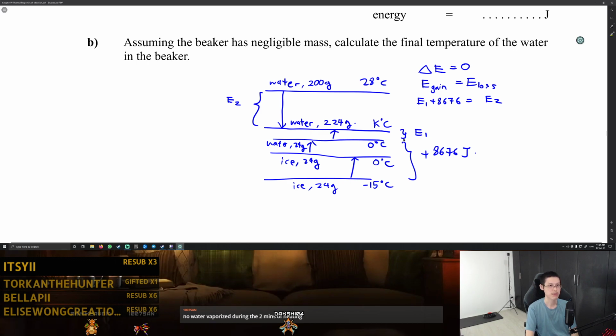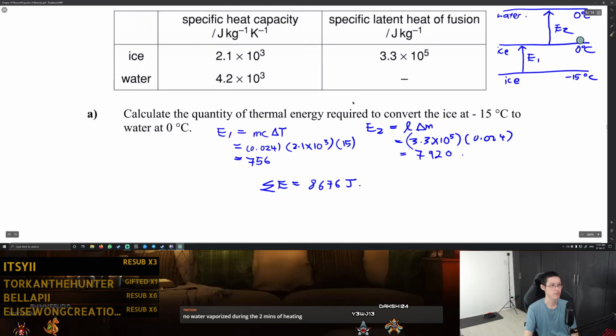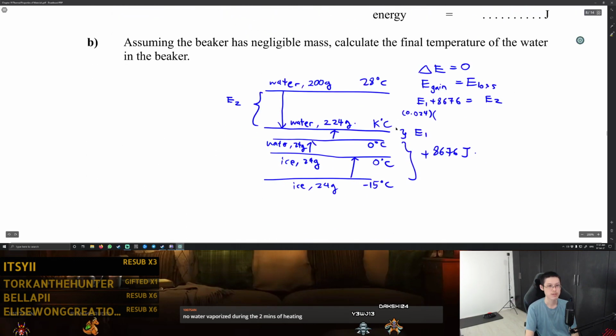Okay, so E1 is going to be, what is E1 going to be? MC delta T. So M is 0.024. C is, what is C for water? Water is 4.2 times 10 to the power 3. MC theta. Theta is from 0 degrees to K degrees, so it increases by K, plus 8676.